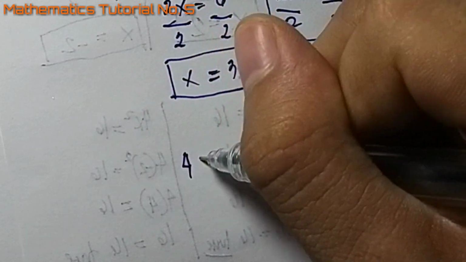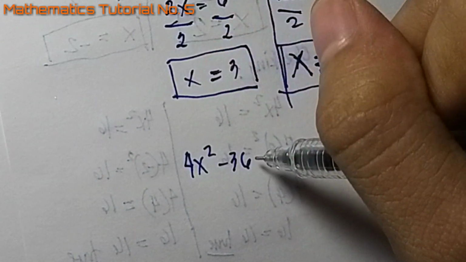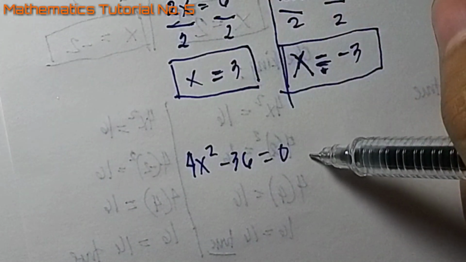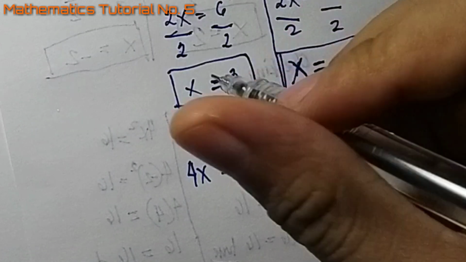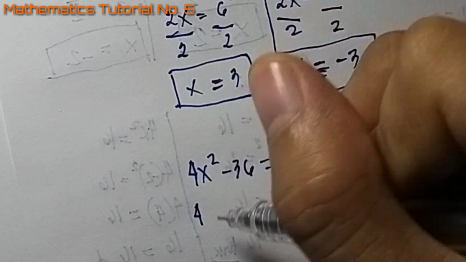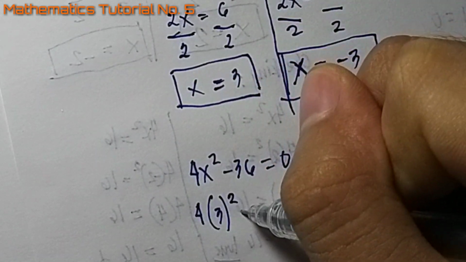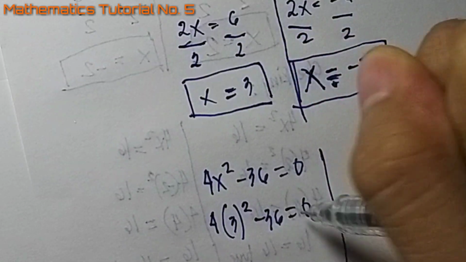Balik ta sa given. 4x squared minus 36 is equal to 0. Diri ta sa positive 3. So, kung ang atong x positive 3, pulihan na atong positive 3 in 4x squared minus 36 is equal to 0.